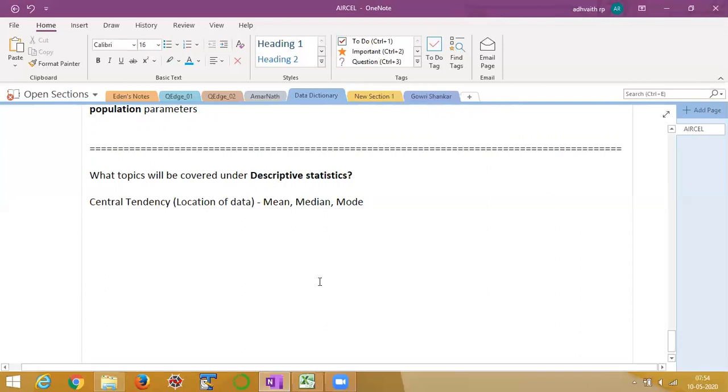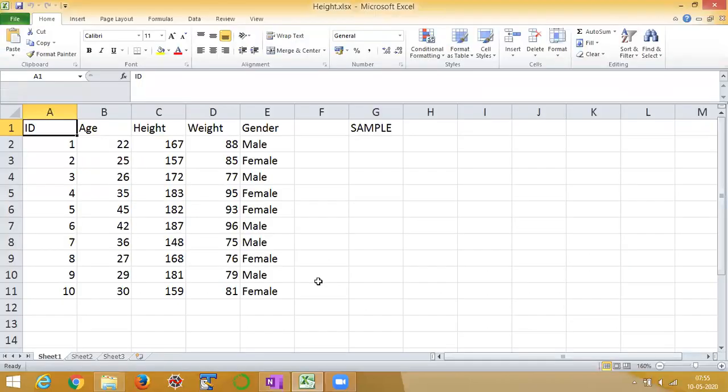The next one is dispersion. Whenever I am working on a random variable, open up my previous sample data set. Hope you're able to recollect. This is my random variable. Our first observation is how many columns and how many rows there are, and after that, how many columns are continuous data and how many are descriptive data.